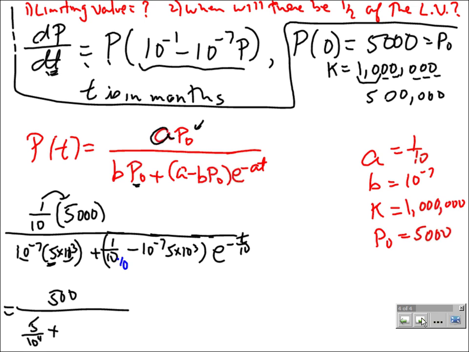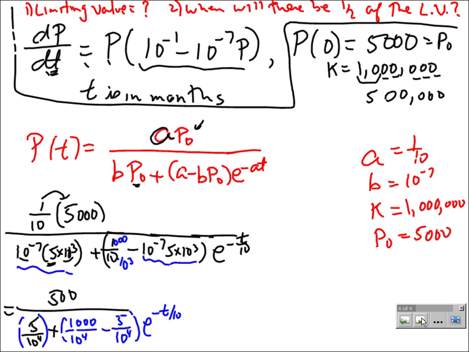So multiply by 10 cubed, which is 1,000. Multiply top and bottom by 1,000. So I have 1,000 over 10 to the 4th minus, well, this product I just did right here. It's 5 over 10 to the 4th, times e to the negative t over 10.